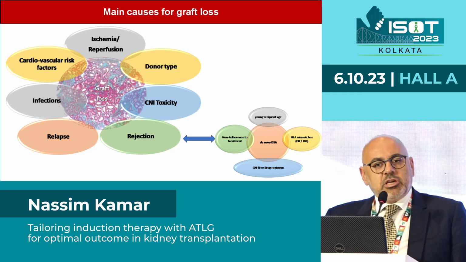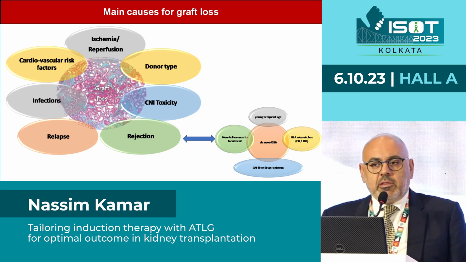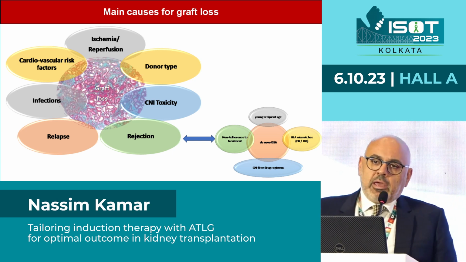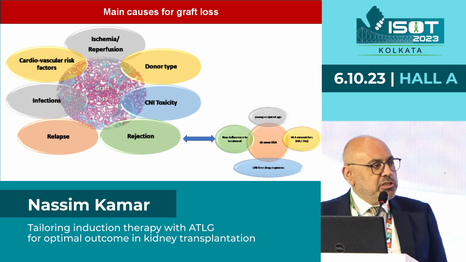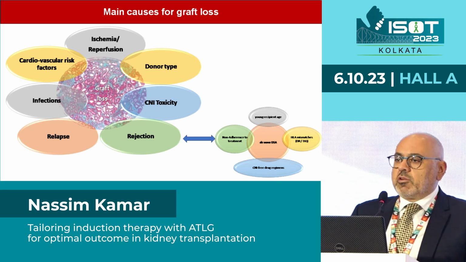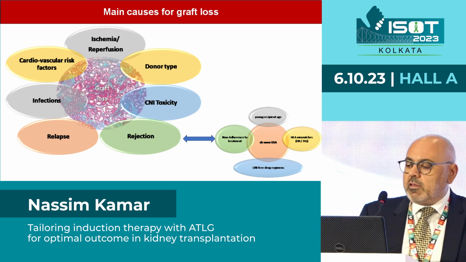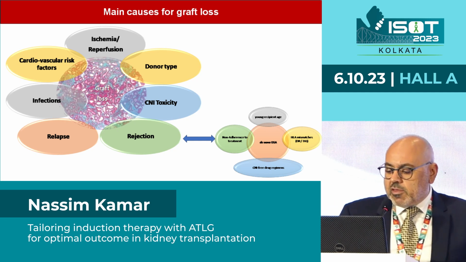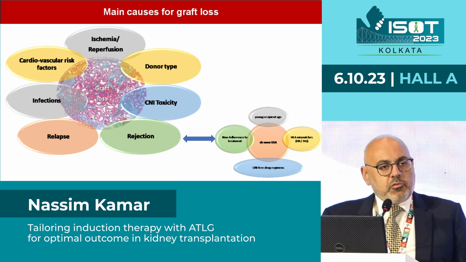And with respect to rejection, we can now distinguish clearly the two kinds, the T-cell mediated rejection and the ABMR, the antibody-mediated rejection. And there are some risk factors for the occurrence of de novo DSA: the younger age, some HLA mismatches, the CNI-free regimens, and non-adherence to treatment.